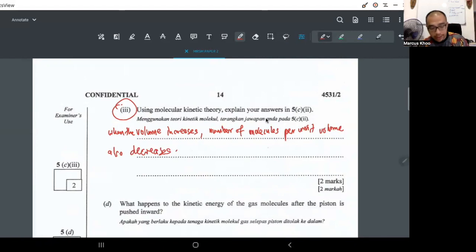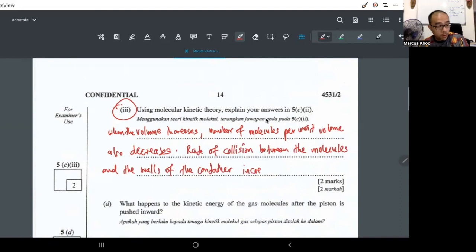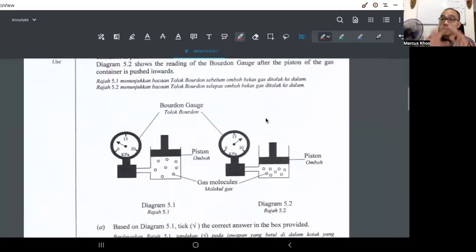So that's why the next point is the rate of collision between the molecules and the walls of the container decreases, sorry. Okay, the rate of collision between the molecules and the walls of the container decreases because you are giving this one more space to move.